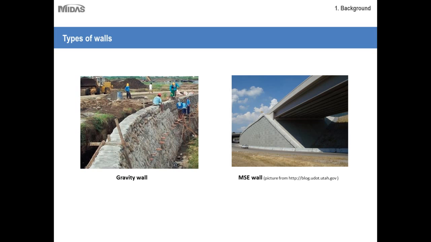So this is chapter 1 where we'll be discussing retaining wall background. As you can see in this slide, on the left side we have the gravity wall, which is primarily used for sustaining different types of slopes with different applications.